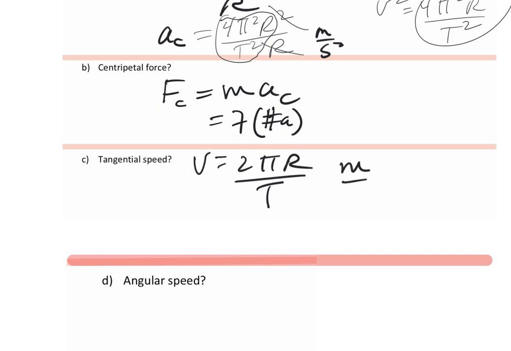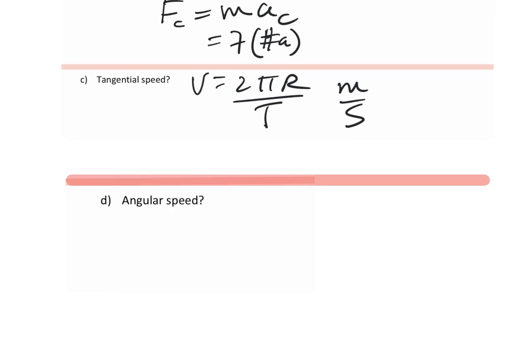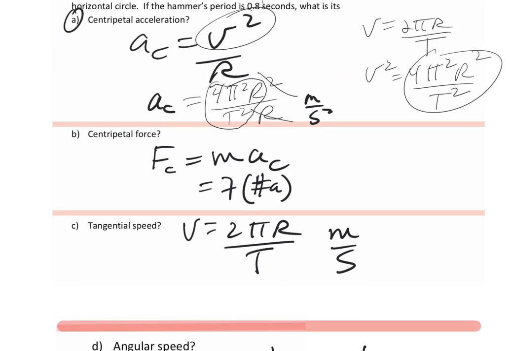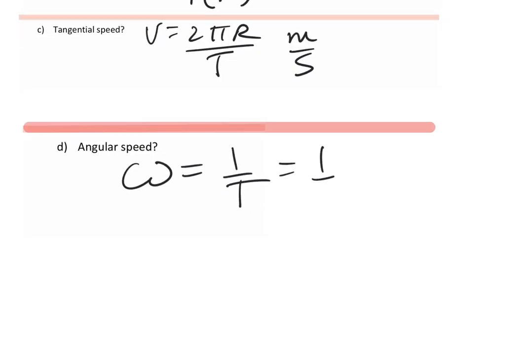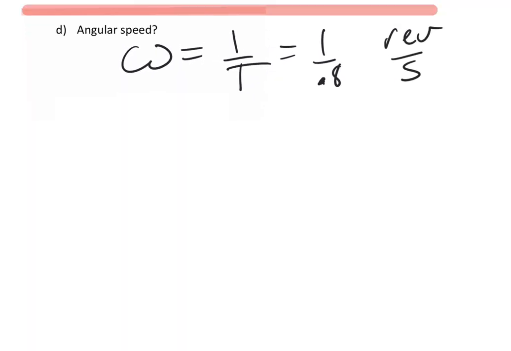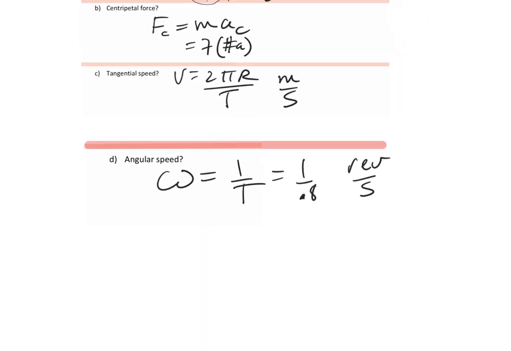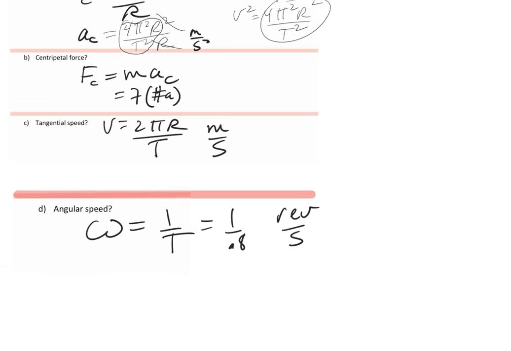So that'd be meters per second. You can plug it in. What's the angular speed? Well, if I have T, it's 1 over T. So that'd be 1 over 0.8 seconds, and so that'd be revs per second, or hertz if you want. Okay, so that's the end of this first part.